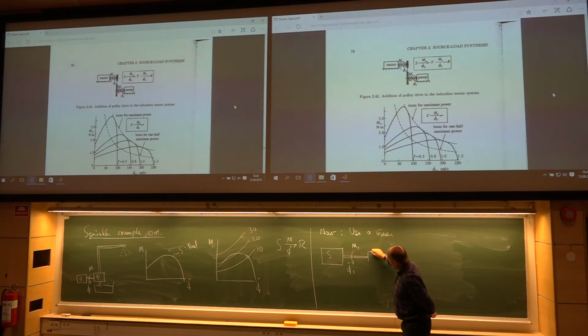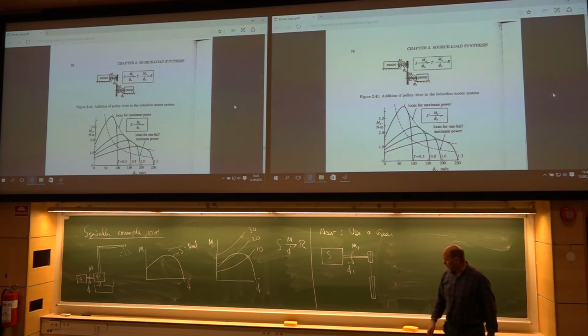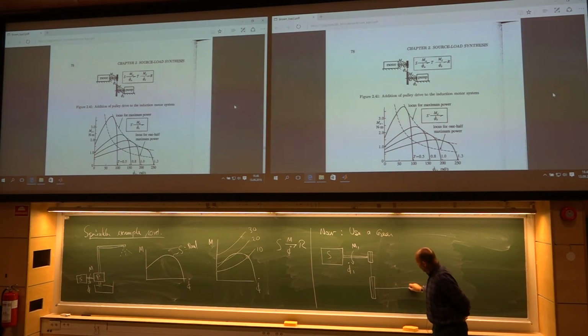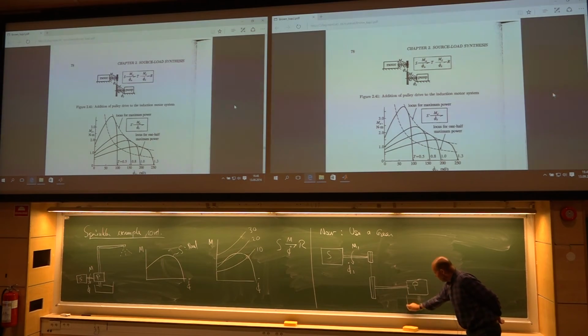Then I have a small wheel here. Then down here I have another wheel, and a pulley between these two wheels. And then I will have a different rotational speed down here that enters into my pump, which sucks water up in the system.